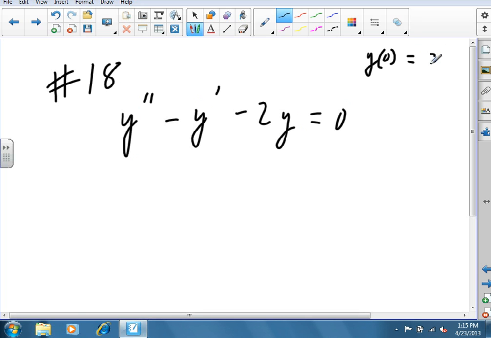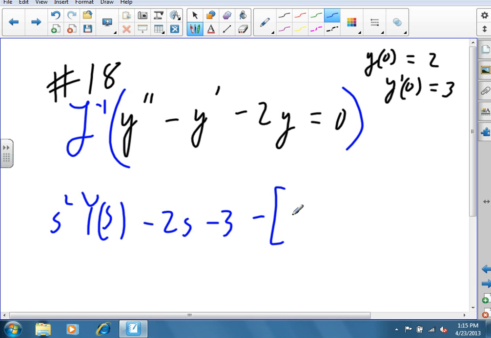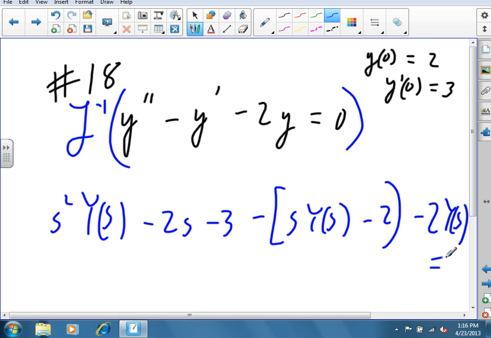2 and 3. See, we could have questions like this on the quiz stuff, right? All right, so I got s squared y of s minus 2s minus 3, minus s y of s minus 2, minus 2y of s equals 0.